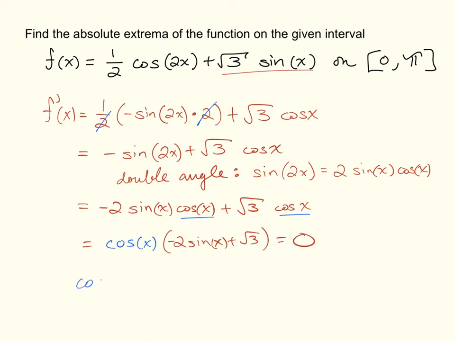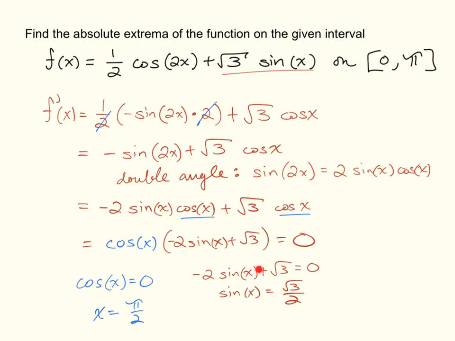We can set the cosine of x equal to 0 and solve for x. And when you do that on the interval from 0 to pi, you get that x equals pi over 2. With this other one, negative 2 sine of x plus square root of 3 equals 0, when you solve for sine of x, you get that the sine of x equals the square root of 3 over 2.